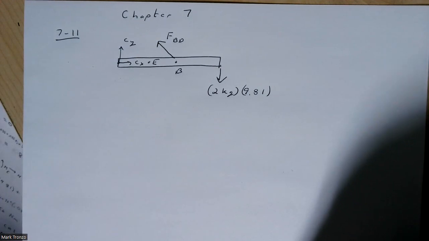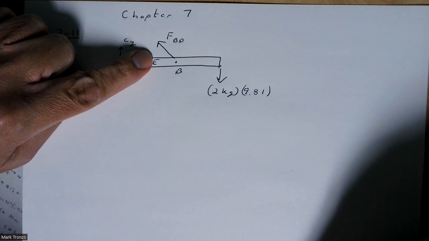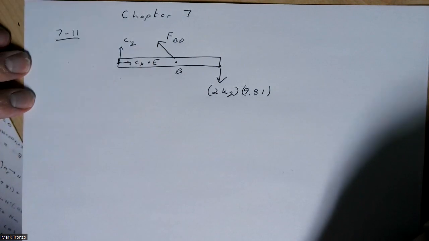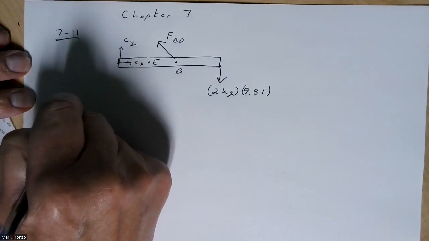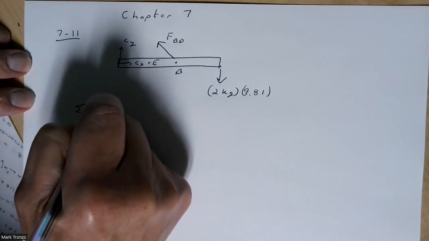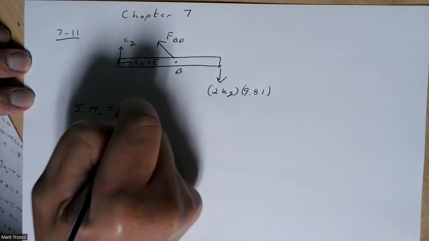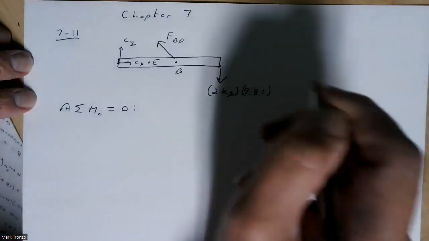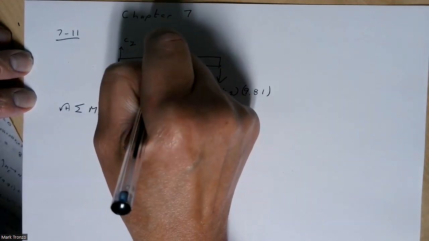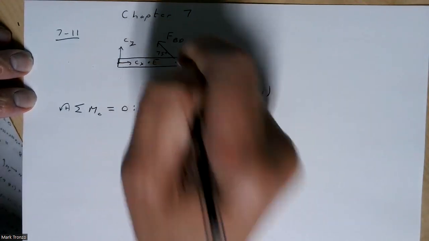And so you want to find the force in FBD. So the best thing would be to sum the moments about C and set that equal to 0. And of course, remembering over here, this is 75 degrees.